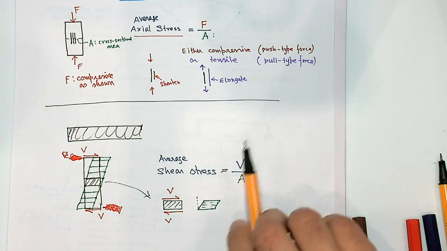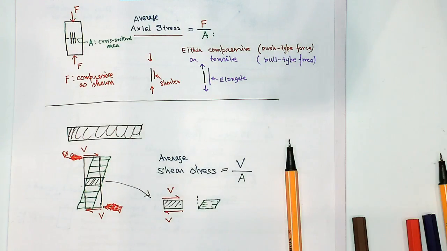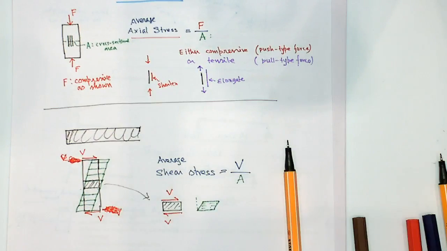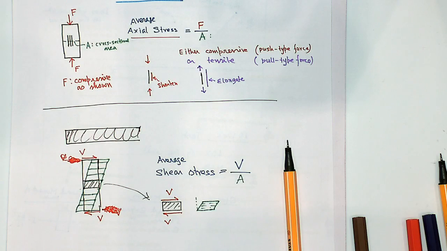Imagine this is made up of a number of blocks, like this tower. If you apply shear at the top and the resisting shear at the bottom, this is how they will slide. The term shear is related to sliding with respect to the next one. So it's a sliding motion.